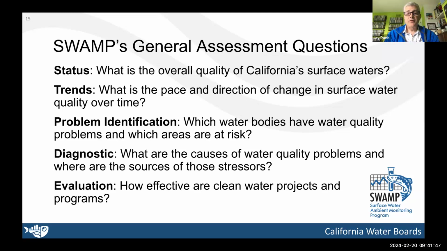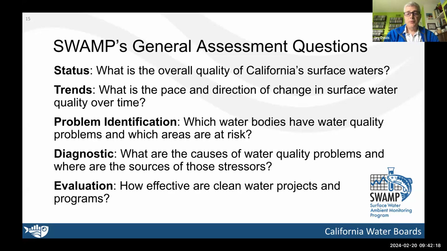The status of water quality in a water body or set of water bodies: what are the current levels of contamination, and are water quality objectives being met or not? Is there a need for a fish advisory? That is another form of a status question. Trends: what is the rate of change over time? Are things getting better or worse? That is a common question.